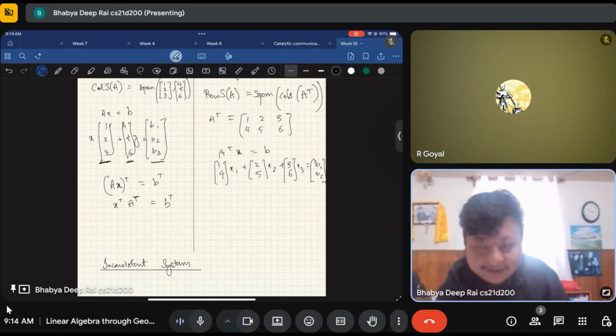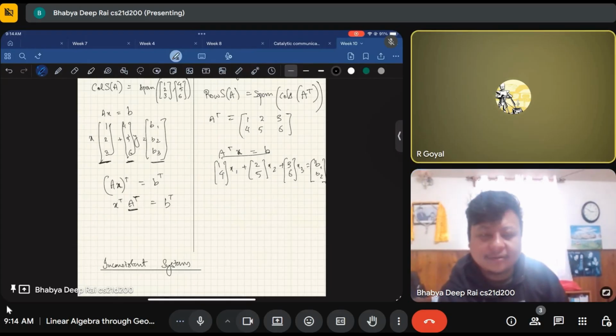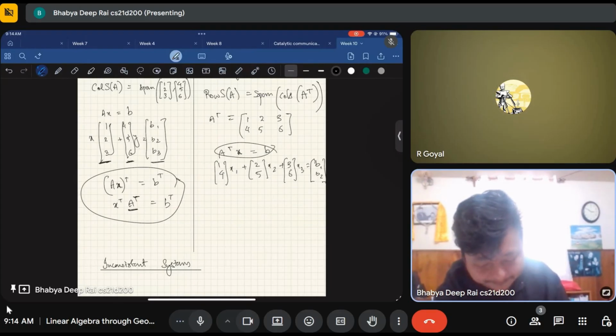Now this is still fine, but you can see that A is on the right side. It does not mean the same thing as this, so you can't get to this by doing this.